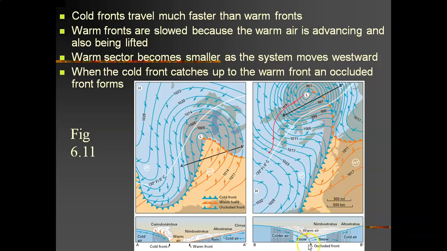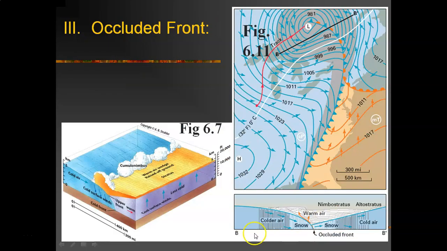So let's take a look at the details of an occluded front. So here's a block diagram showing the cold front has caught up to the warm front. And as that cold air was advancing and narrowing that warm air sector, all of that warm air has been lifted.